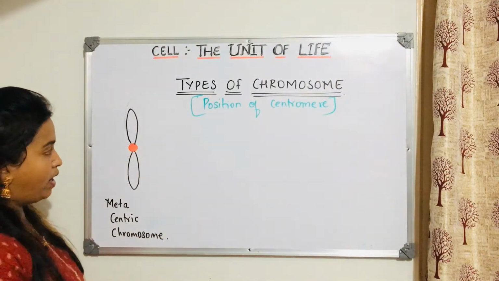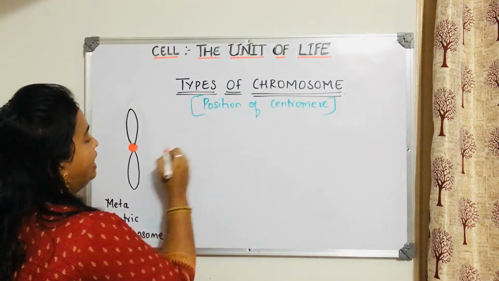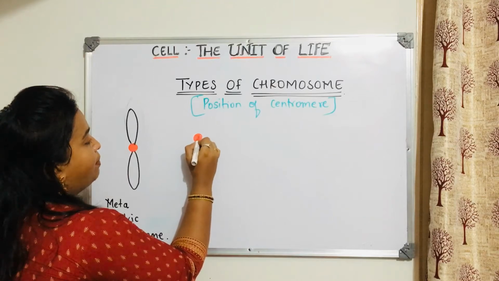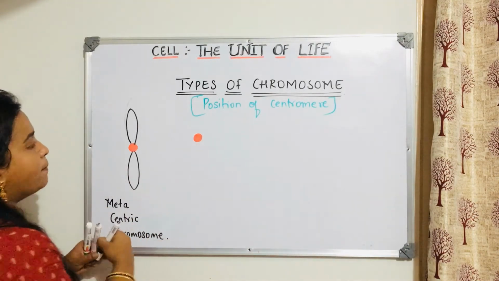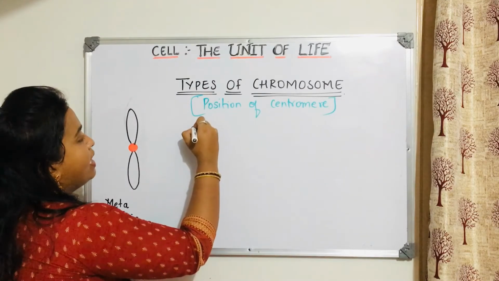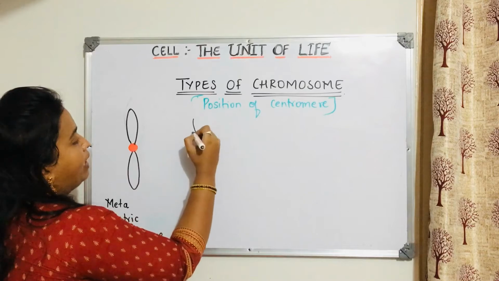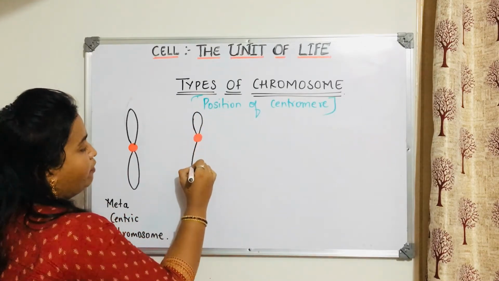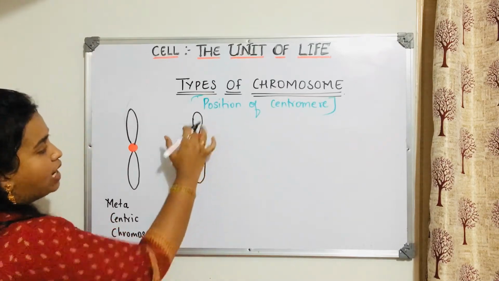Then next one, if you see the chromosome, centromere, it is slightly upper compared to the center part. Then what will happen? It is slightly upper, in the upper region. Then it will divide the chromatid like this. One arm will be slightly longer compared to the other arm.